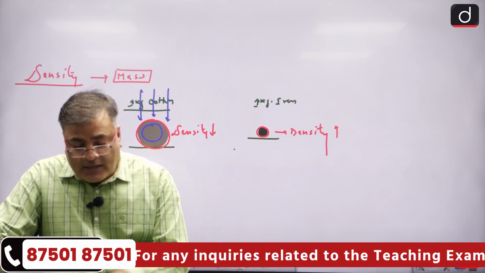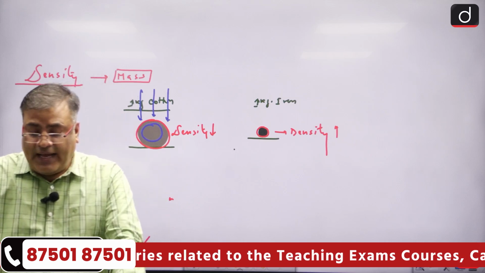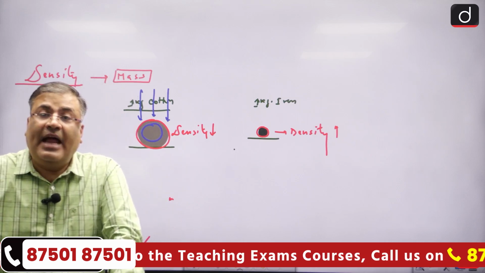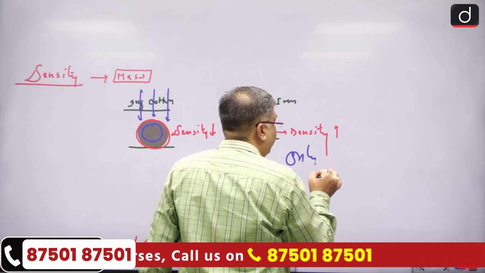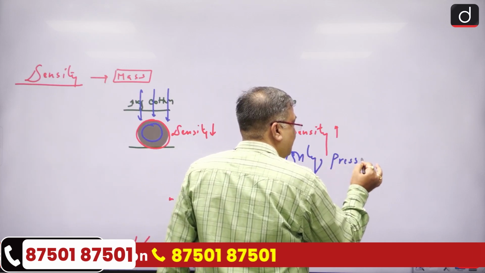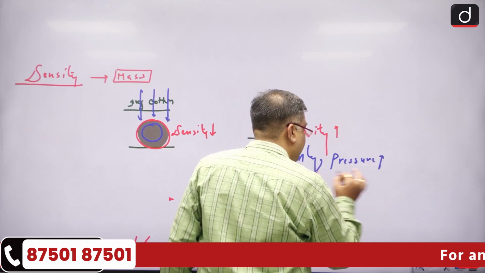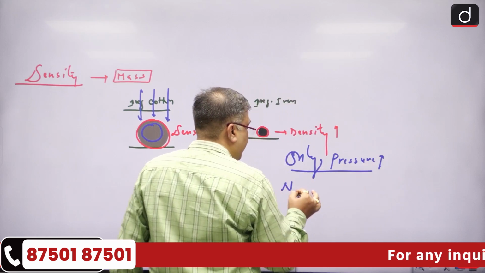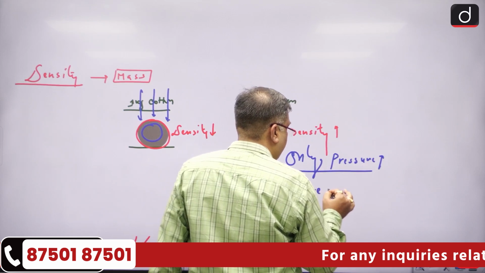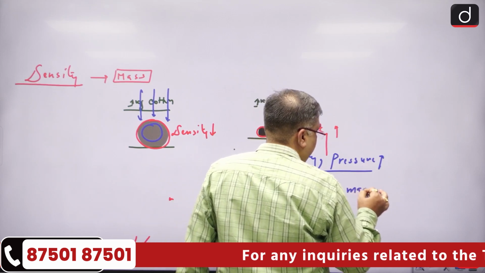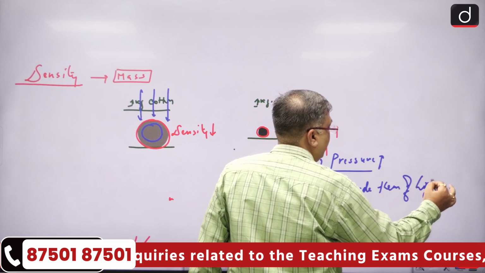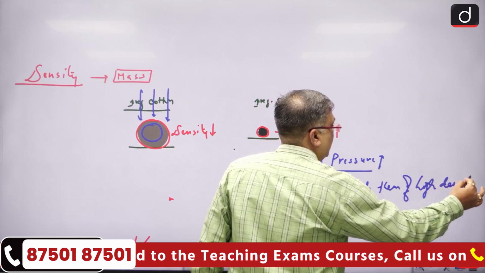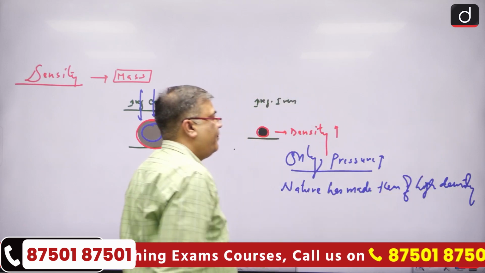So what the Earth interior has is a very high density, and that high density is not there only because of pressure. Pressure, as I said, plays a role, but also because nature has made them of high density.